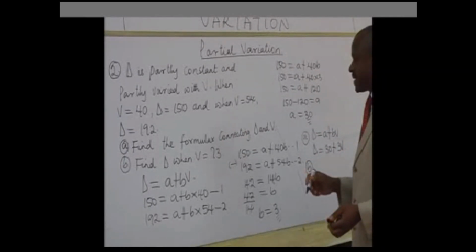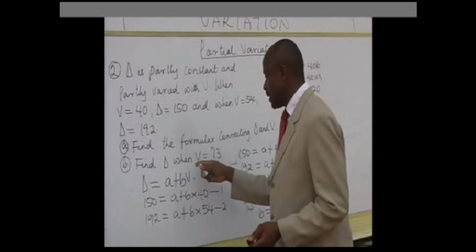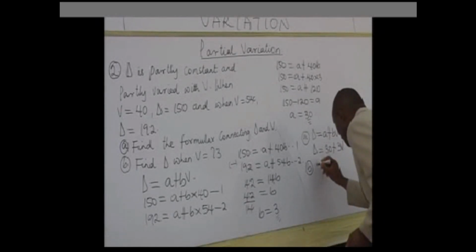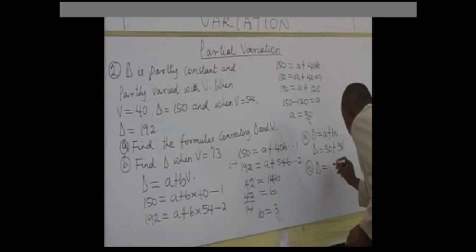Question number B is asking for the value of D when V is 73. Let's go to our formula. D is equal to A plus BV.